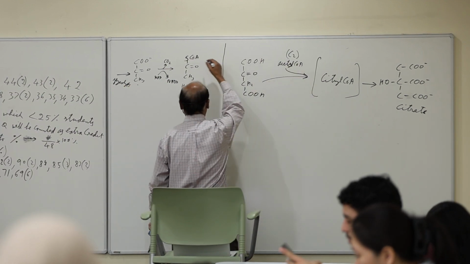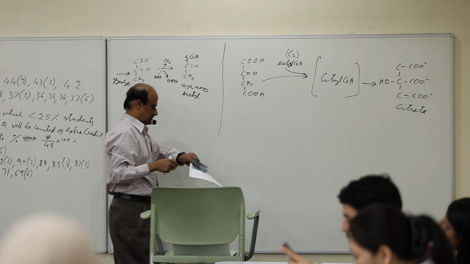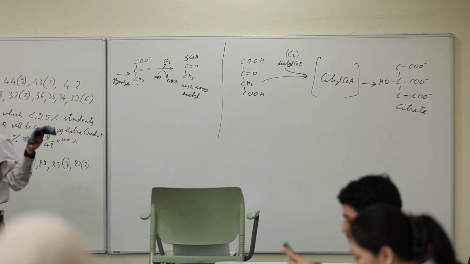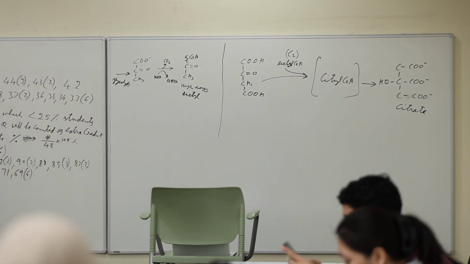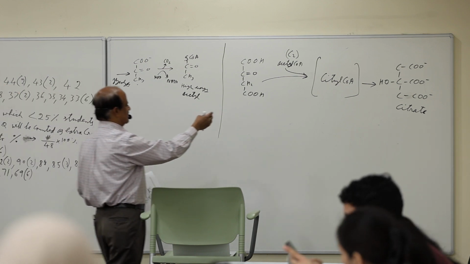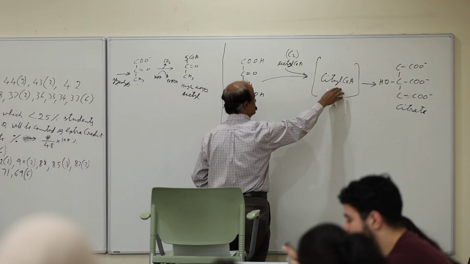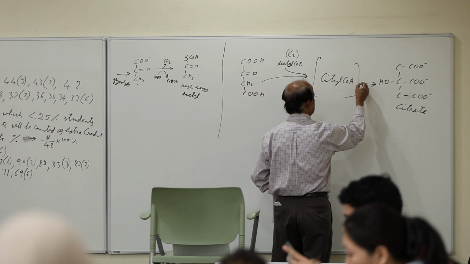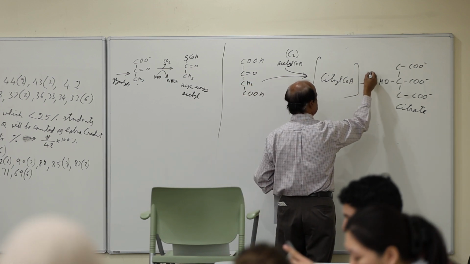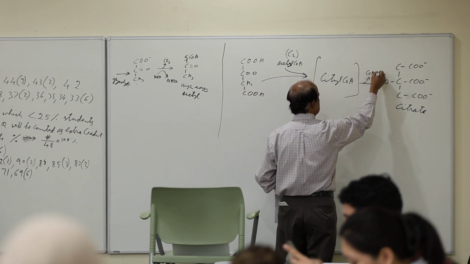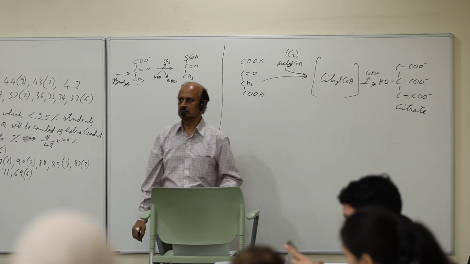What happens to this energy compound? As I said, the acetyl-CoA is a high energy compound, so you don't want to just waste that high energy by hydrolyzing it. And that is exactly what it is doing. I didn't write the structure of this, but this has the coenzyme A here, and then that coenzyme A is lost as coenzyme A. That means this bond is hydrolyzed.